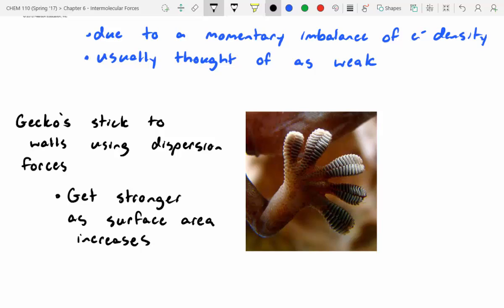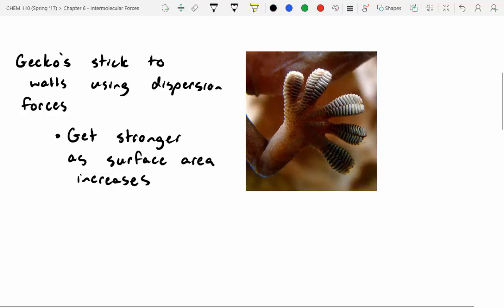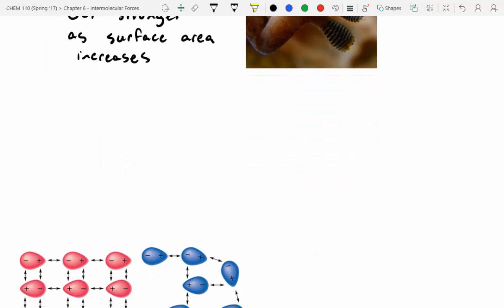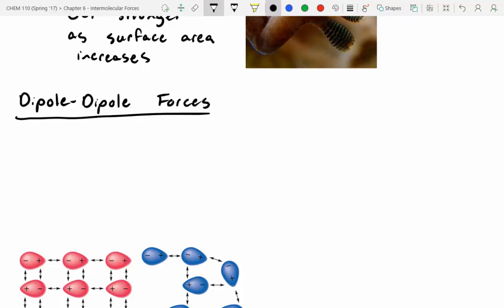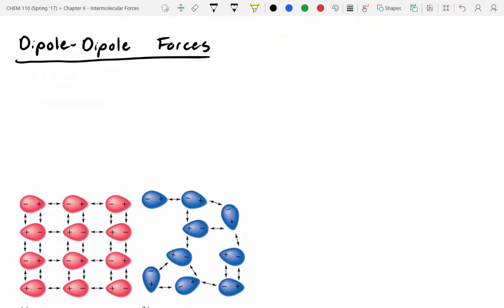All right, so these are typically thought of as weak forces because it's an instantaneous imbalance of electron density. That leads us to the next one where we've got a net dipole. And these are called dipole-dipole forces. With dipole-dipole forces, this is where you have an interaction between two molecules that have a net dipole.